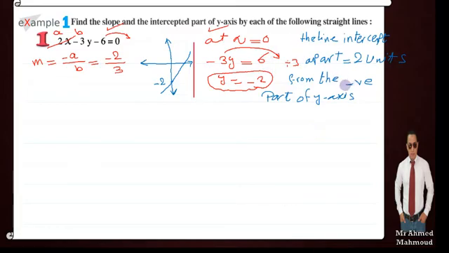From the negative part of the y-axis, the line intercepts a part of 2 units. This is a description of the y-intercept. Okay.